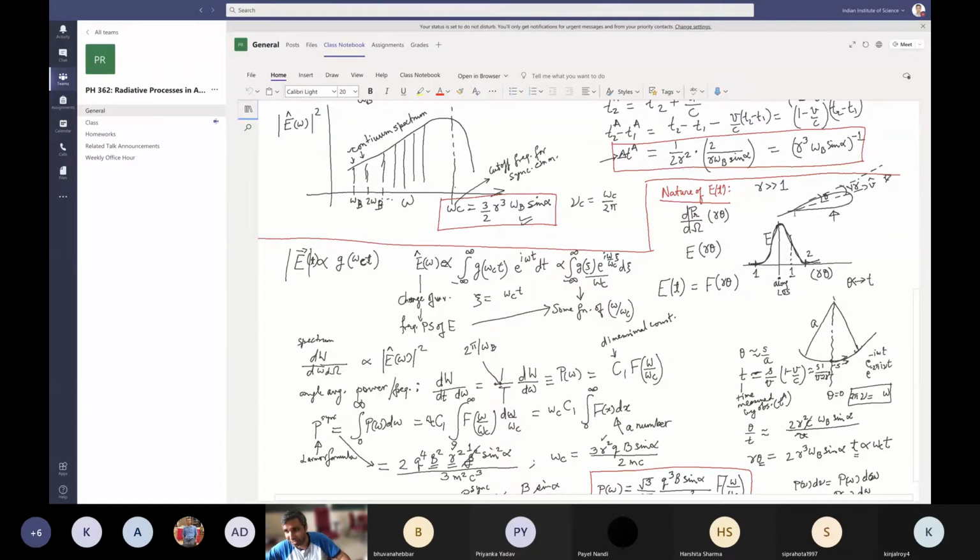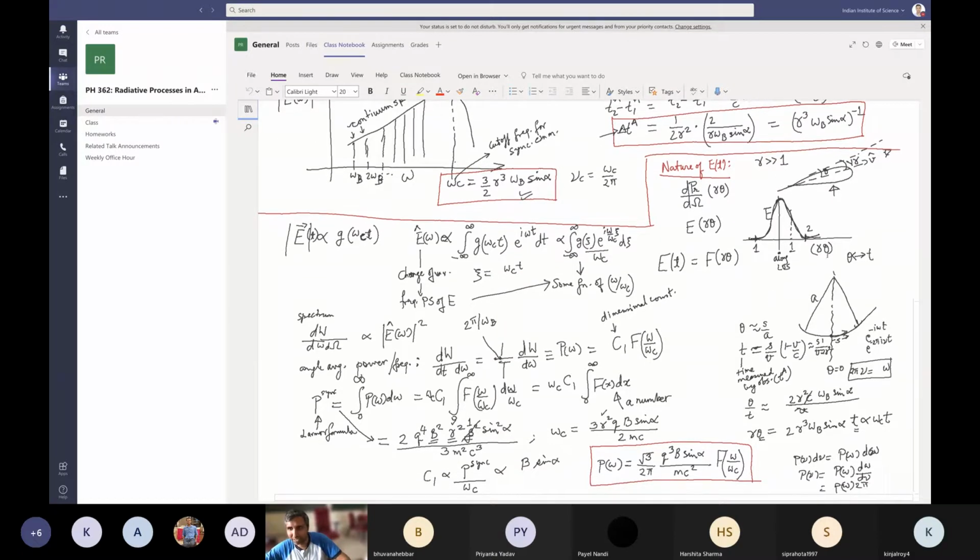So if you have a much higher gamma, the beaming is much narrower. But the dependence on theta is more generically written as dependence on gamma theta. So it's a self-similar dependence on angle where gamma is absorbed in theta itself.